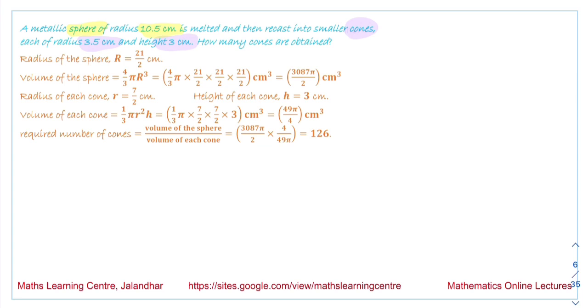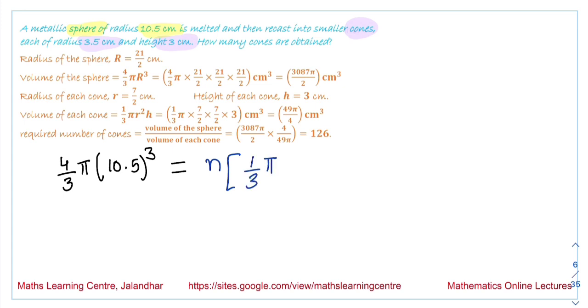So the volume of the sphere we have, the formula is 4 by 3 pi r cube, means 10.5 cube, and we are saying how many smaller cones are to be formed. Say n cones are to be formed, and the volume of each cone that we will have is 1 by 3 pi, the radius is 3.5 square into the height we have, which is 3.